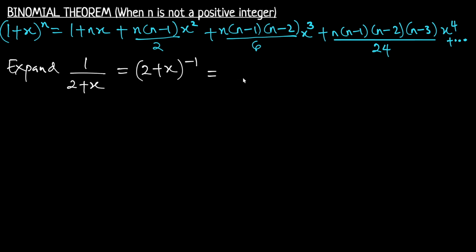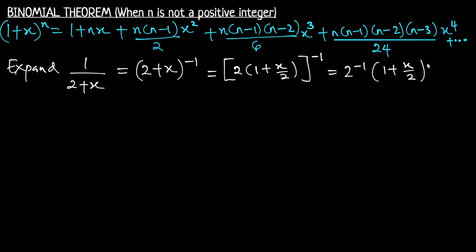We're going to factorize internally. We do 2 into 1 plus x over 2, and this is going to be to the power of negative 1 because that is what we have on the outside. Now this means 2 to the power of negative 1, 1 plus x over 2, then to the power of negative 1. Now 2 to the power of negative 1 is obviously 1 over 2. So we do 1 over 2, then 1 plus x over 2 to the power of negative 1.